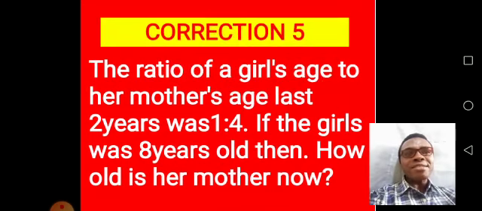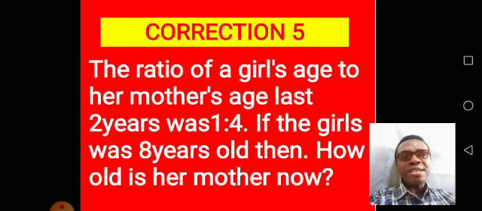All right, correction 5. The ratio of a girl's age to her mother's age 2 years ago was 1:4. If the girl was 8 years old then, how old is her mother now?